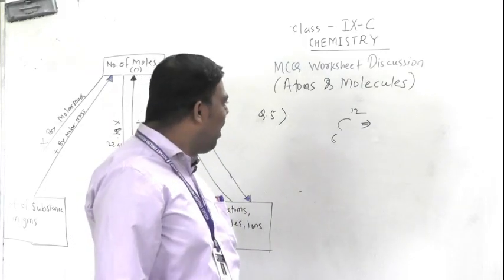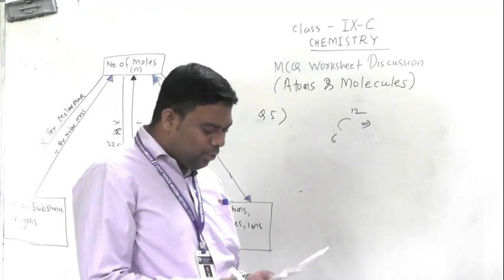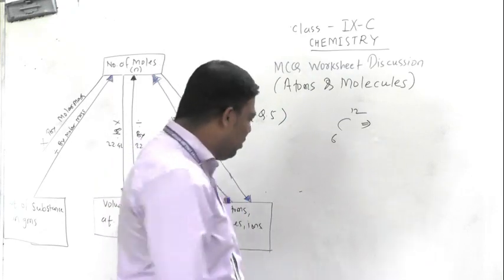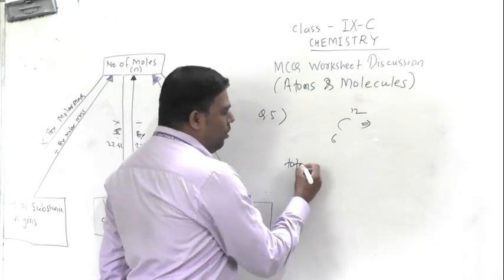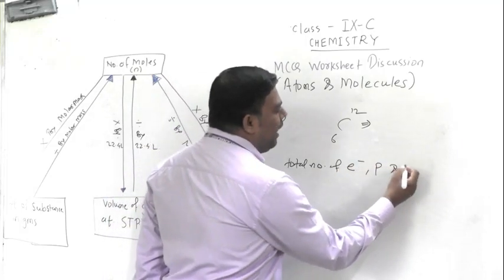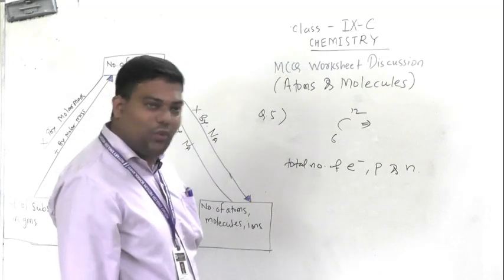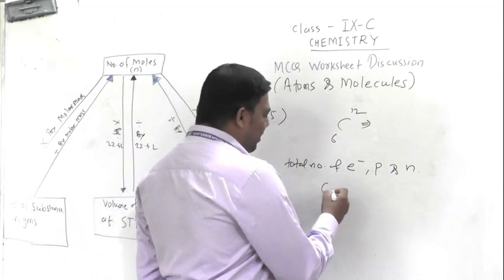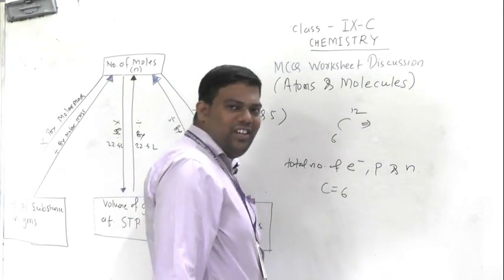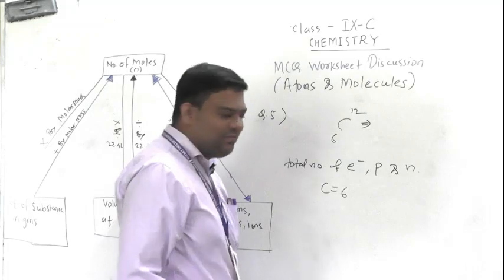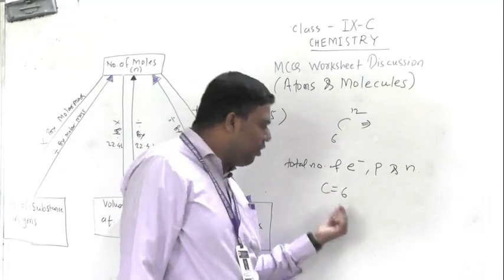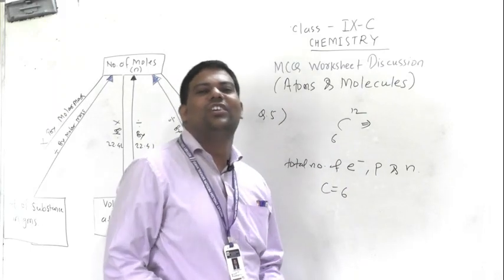Okay, so in our calculation, the total number of protons... see how much in your carbon atom, the total number of electrons, protons and neutrons. Carbon has atomic number 6, and it is a neutral atom, so it contains 6 electrons. The number of protons is also 6 and the number of neutrons is also 6.